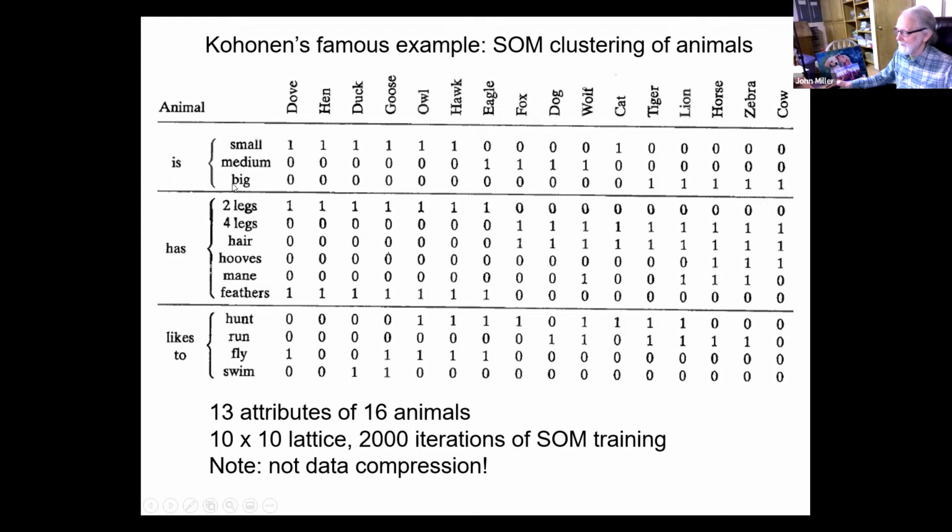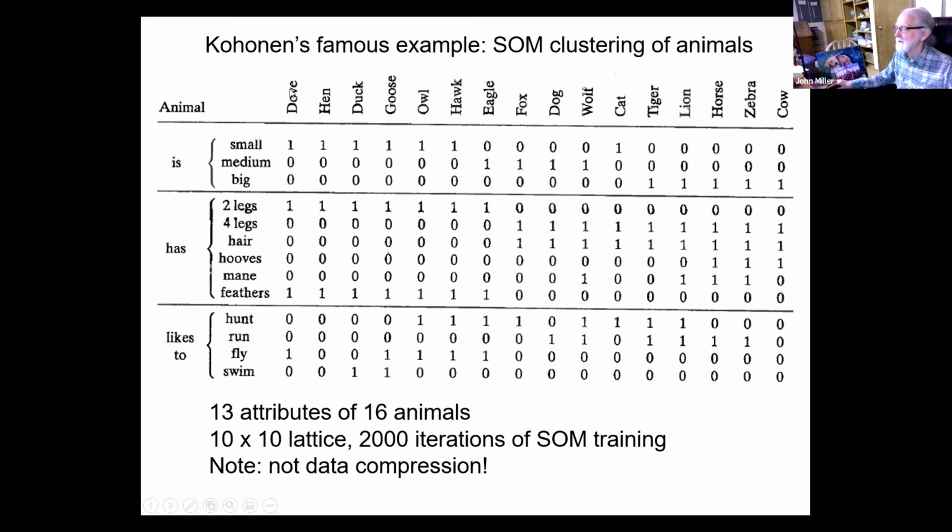And then each of the animals is associated with a binomial vector that identifies which of these attributes applies to the particular animal in question. Doves are small, they have 2 legs, they have feathers, and they like to fly.